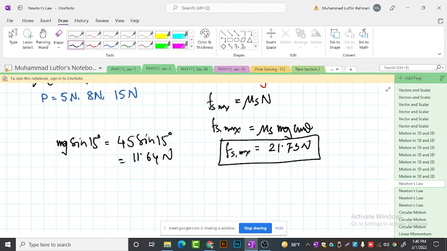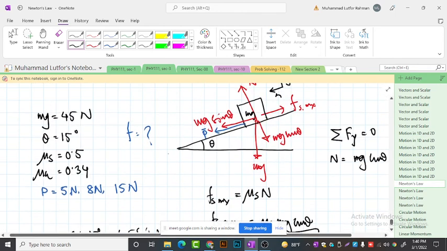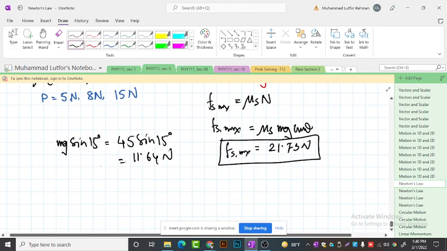To move that, they apply the force P over here. Initially they apply 5 Newton. In that case, my downward force Fd would be mg sine 15 degree plus P, right?